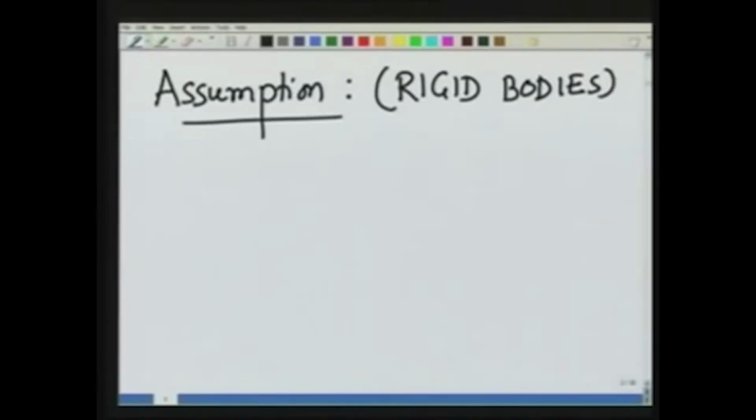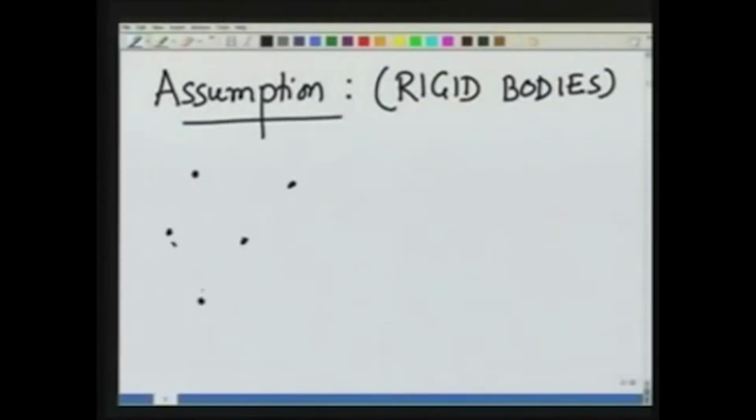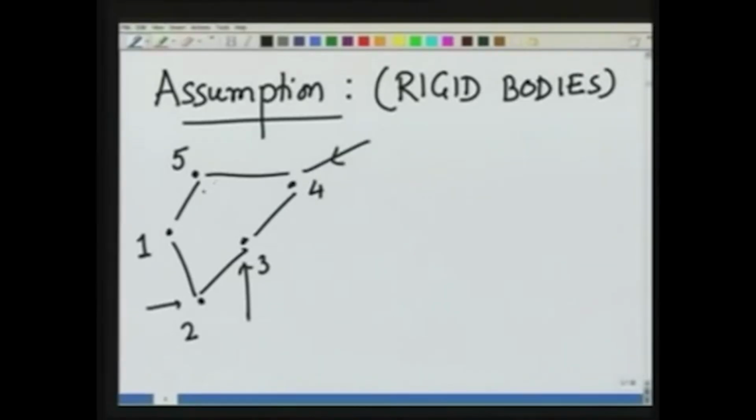The assumption is that given a system of particles, when I move them, so let me again number them 1, 2, 3, 4, 5. When I apply different forces on each of the particles, the distance between two particles remains unchanged. These distances remain fixed. Similarly, distance between this and this, distance between this and this particle, and so on.